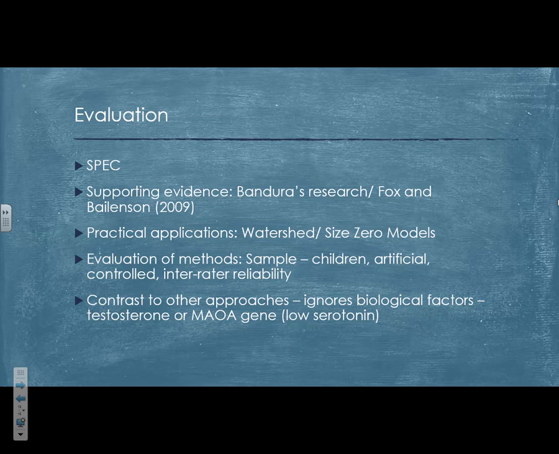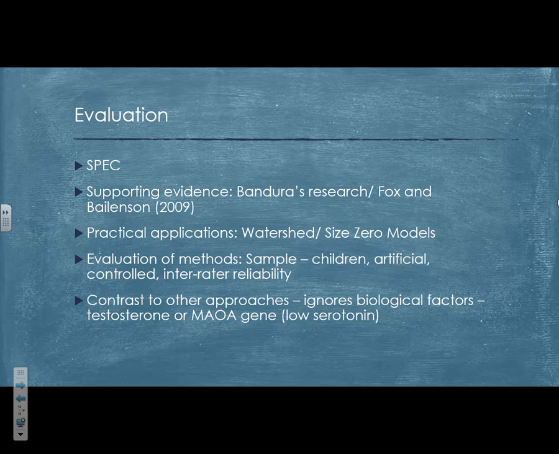The other thing, however, a weakness, so you're going to contrast it with the other approaches, is it ignores biological factors. So it only focuses on the environment and how the environment impacts us. One of the examples of the biological factors that it ignores is it can't explain why people with high levels of testosterone are more likely to be aggressive, or, and this is something that links in with what you look at with Andy, people with a faulty MAOA gene, which then reduces the level of serotonin in the body, and as you know, serotonin is a neurotransmitter.